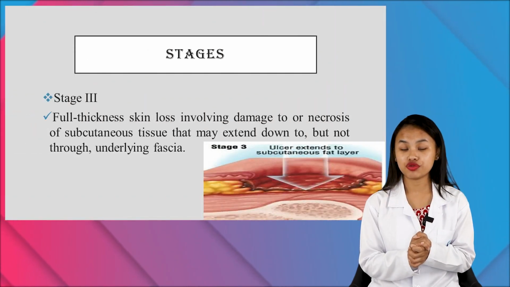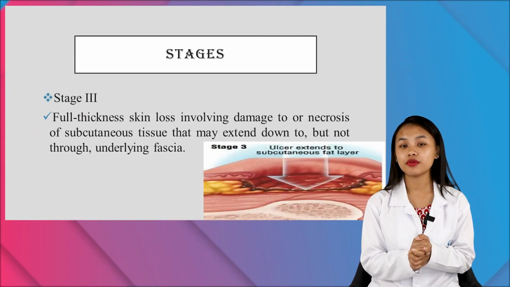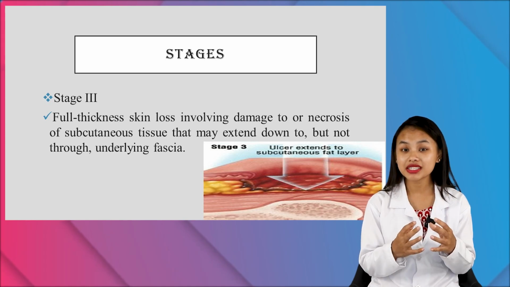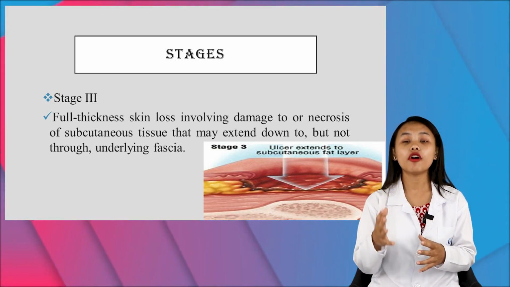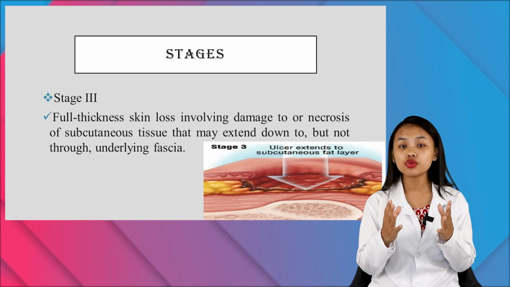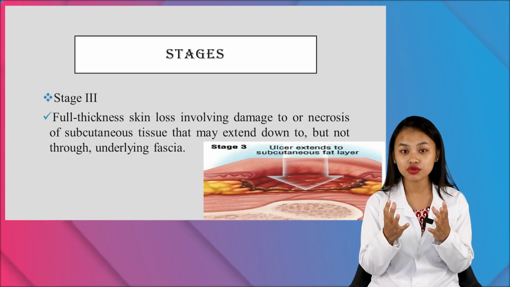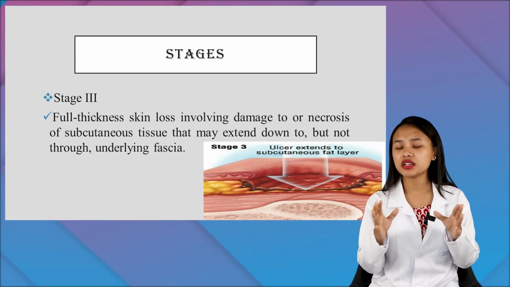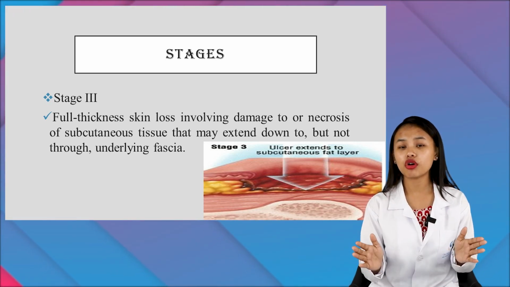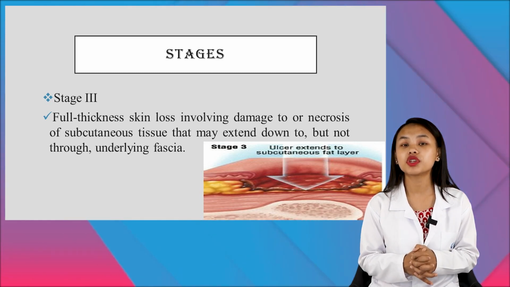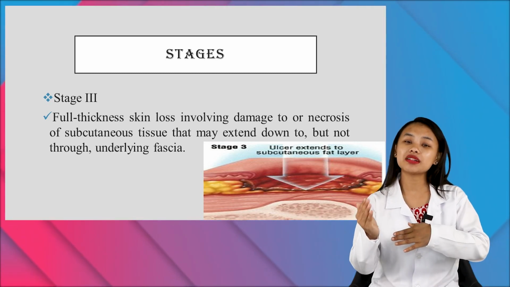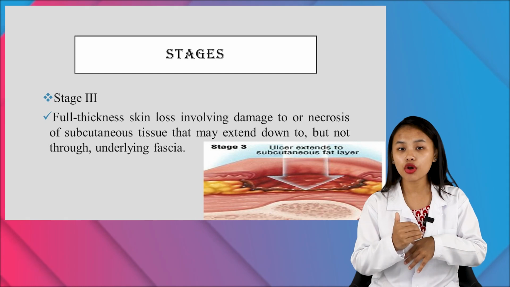However, in stage 3, we will find that there is a full thickness skin loss involving damage to or necrosis of the subcutaneous tissues. But here it does not only cause damage or necrosis of the subcutaneous tissue, it can still penetrate and extend down.